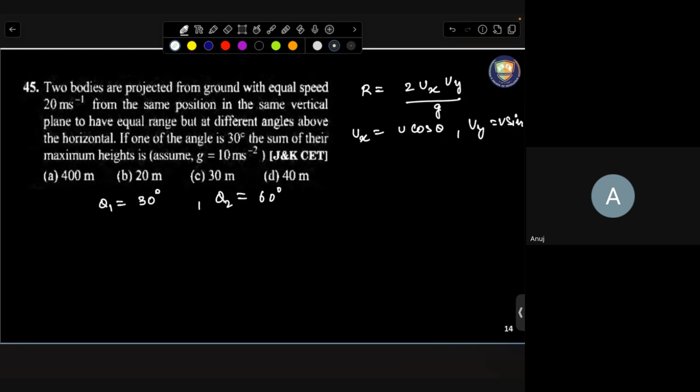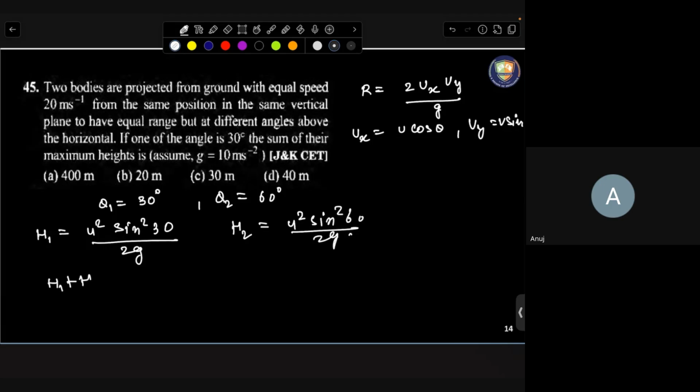So you can say that h1 is equal to u square sine square 30 by 2g, because the speed was the same. For h2 it is u square sine square 60 by 2g. Now in the question they are saying that the vertical range is different, if one of the angles is 30, the sum of their maximum heights is, so we need to find h1 plus h2, which is u square by 2g times sine square 30 plus sine square 60.